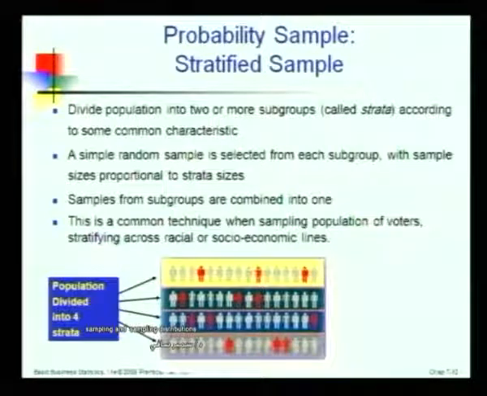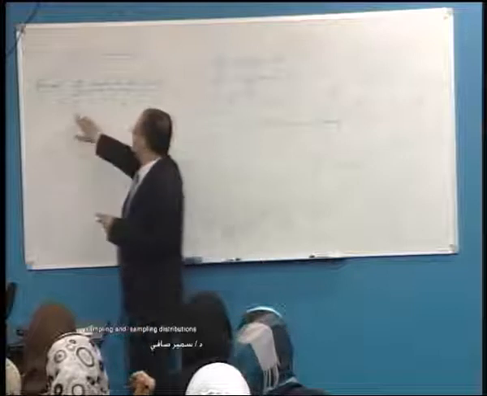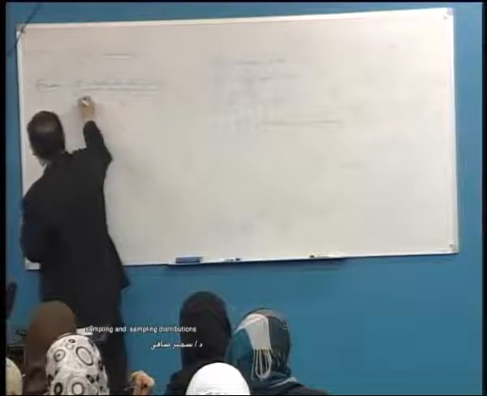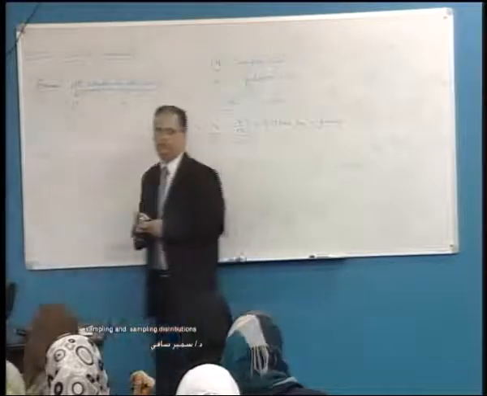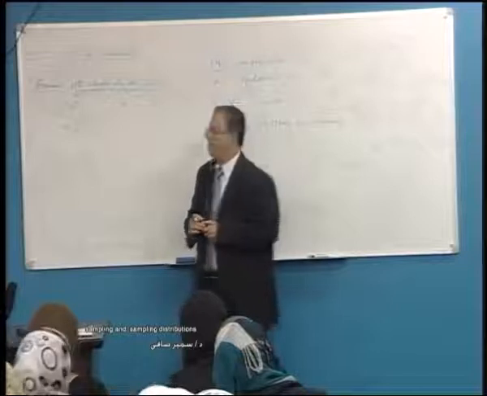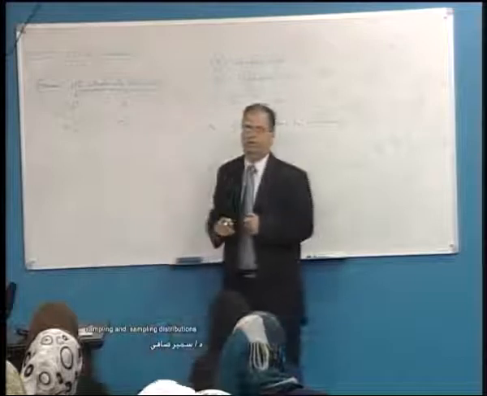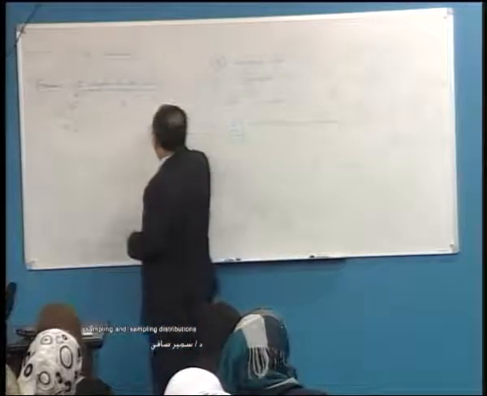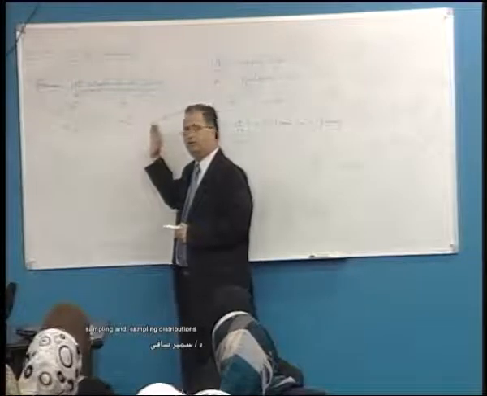Suppose I know that females are 70% of IUG students and males 30%. The sample size is, for example, 1,000 students from the registration office.